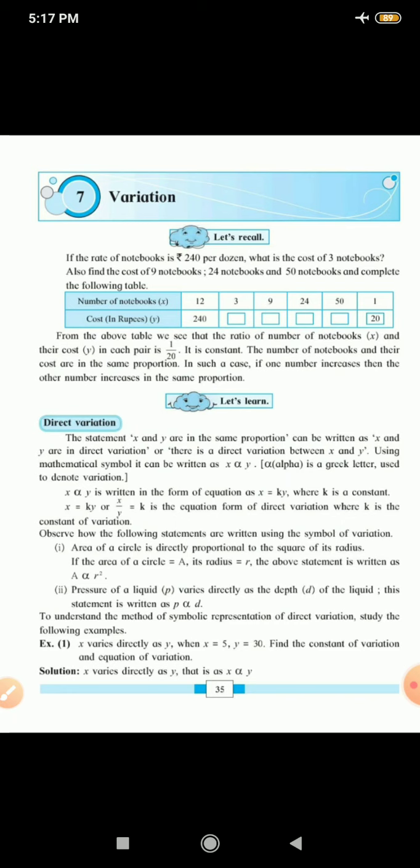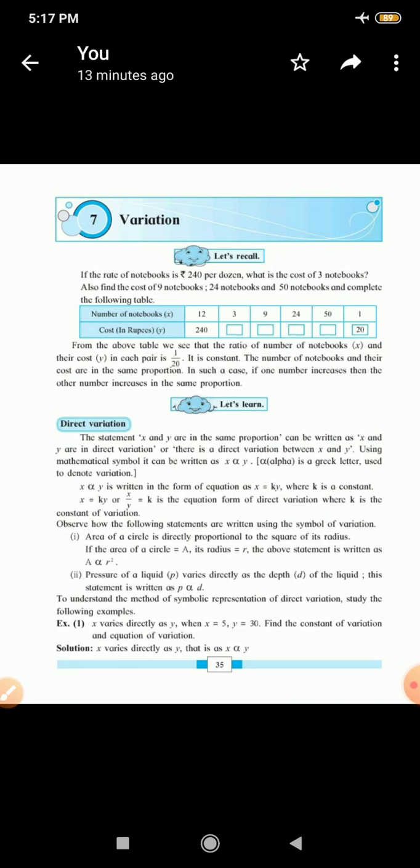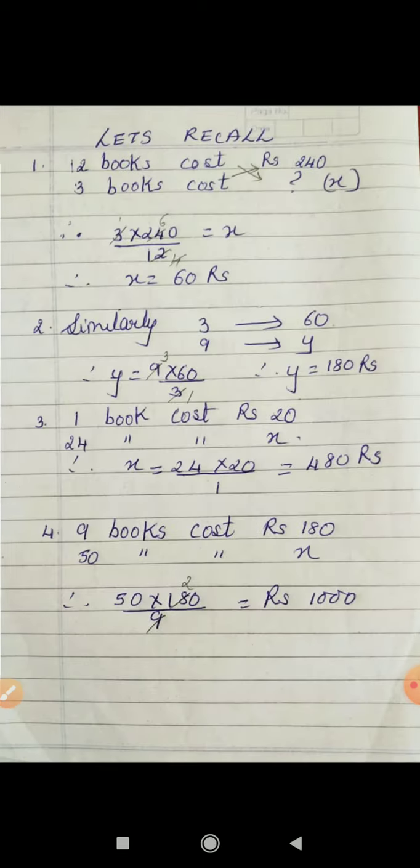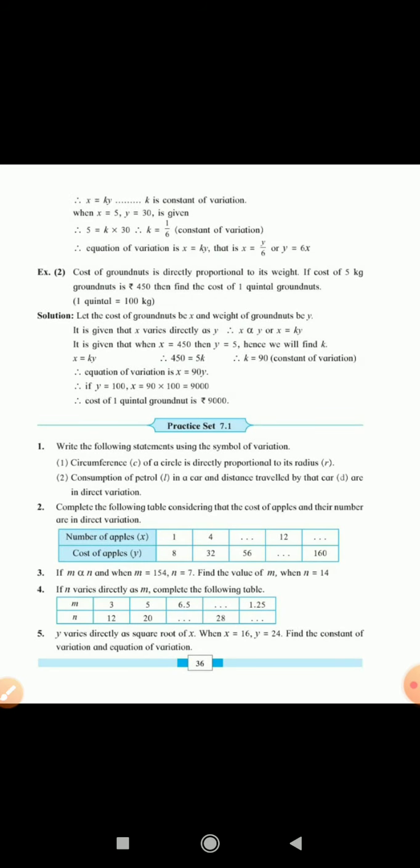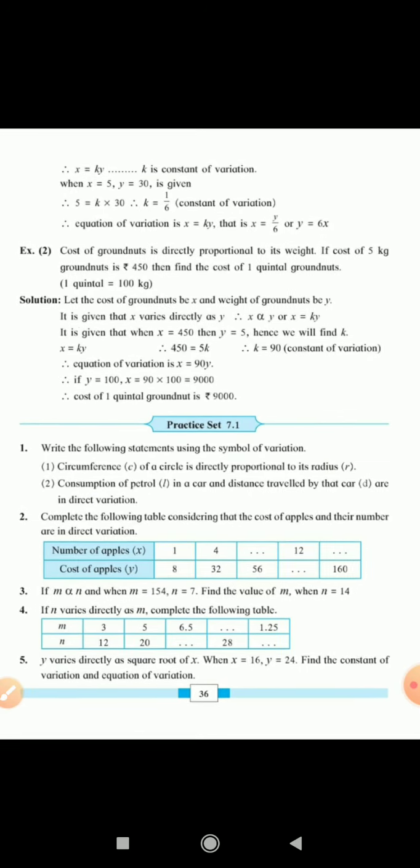First example, X varies directly as Y. When X is equal to 5, Y is equal to 30. Find the constant of variation and the equation of variation. So solution, X varies directly as Y. Let's go to the next page. So X is equal to KY, where K is a constant of variation.